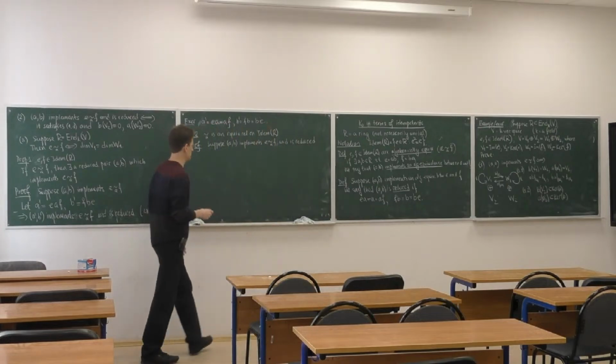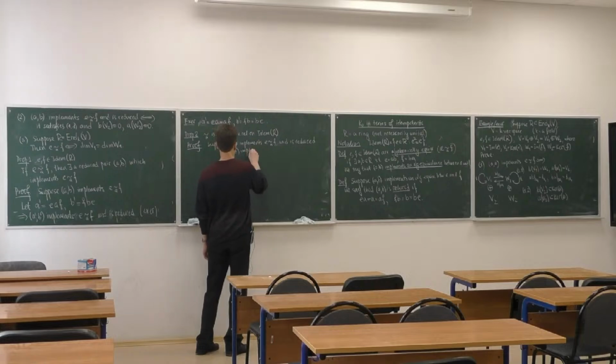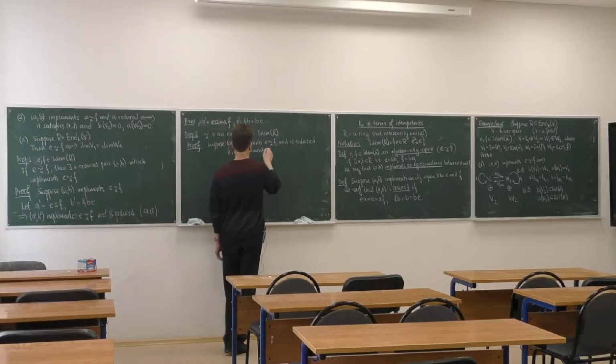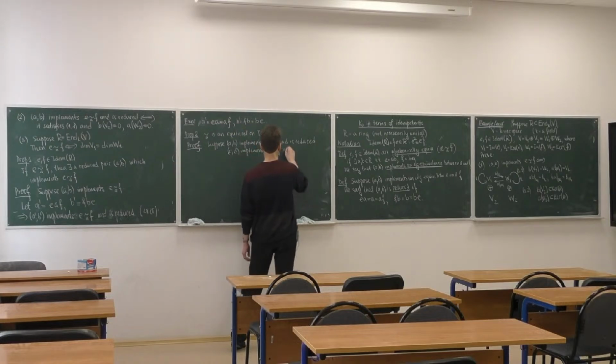And similarly, we choose a pair CD, which implements an equivalence between F and, say, G, and such that the pair is reduced.